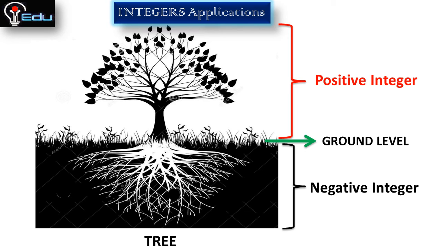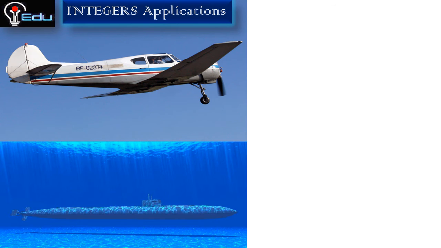Below ground level is measured with negative integers, that is, minus. The height below ground level, the depth, is measured with negative integers, and the height above ground level is measured with positive integers. So the tree is also one of the applications.